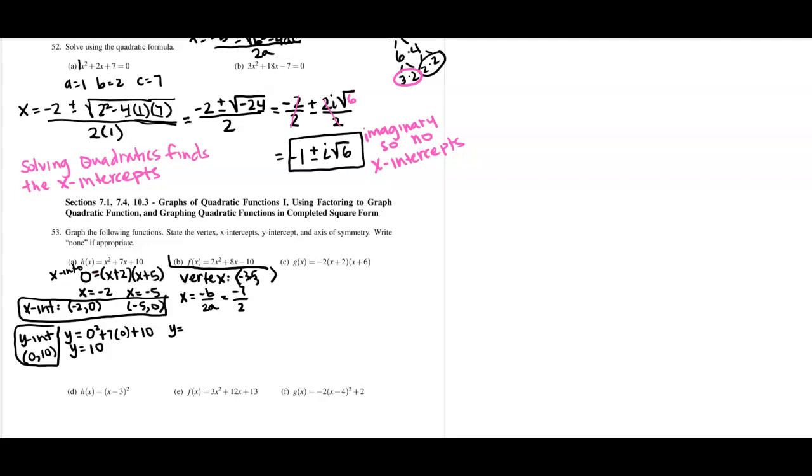Looked at B when I wanted to look up here at A. All right, so let's put in negative 3.5 squared plus 7 times negative 3.5 plus 10. And most of your calculators, you can just put that whole thing in there and see what you come out with.